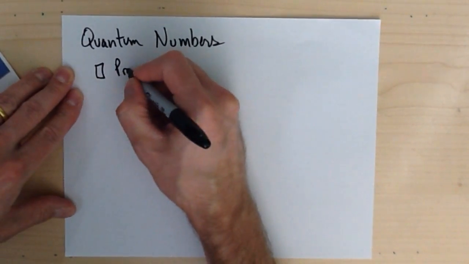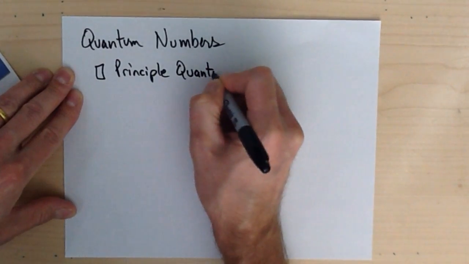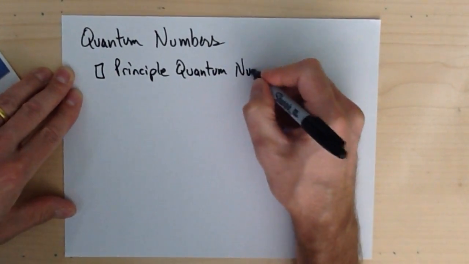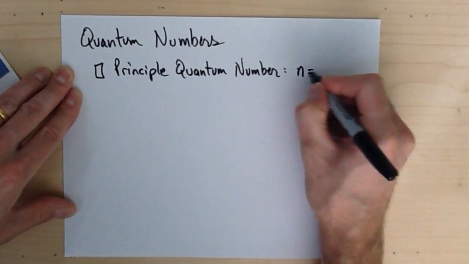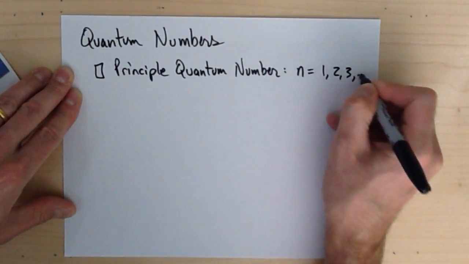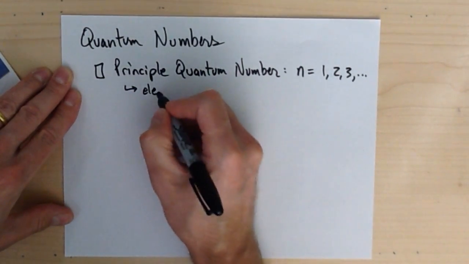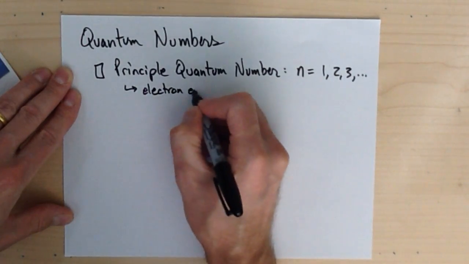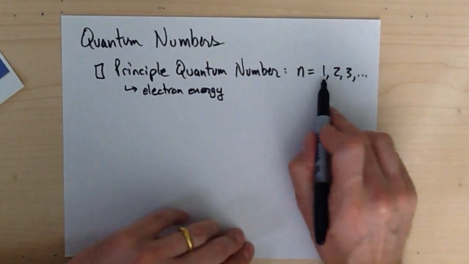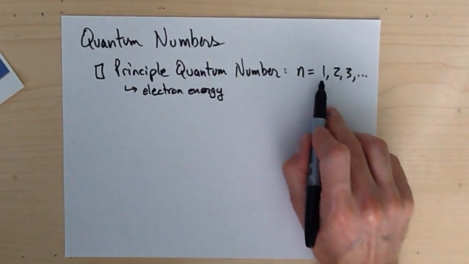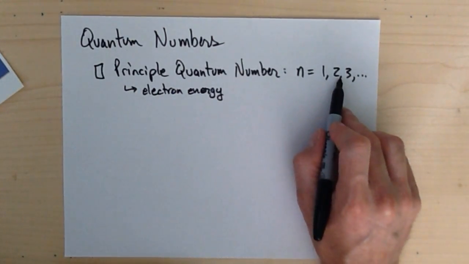It has the fancy name of principal quantum number. It's the n that we've seen before, and of course this goes from 1, 2, 3, and so on. And really this determines the electron energy. And through the Max Planck equation for energy, you can see that the electron with a quantum number 1 is going to have less energy than the electron of the quantum number 2, right?